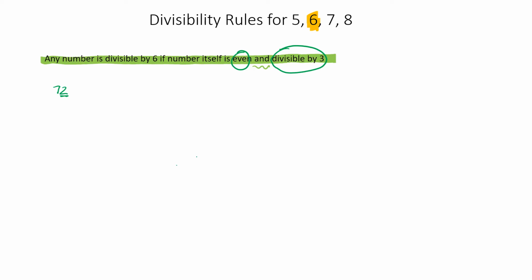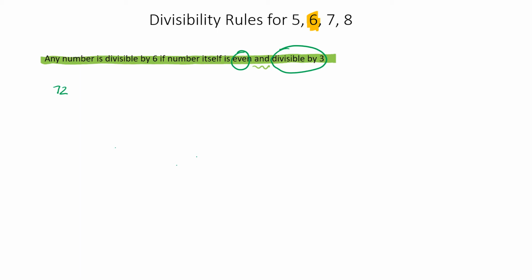Another way to check, if you're not really sure what even is, you can always use the divisibility rule of 2 and divide it by 2 to see whether it divides by 2, because any number that's divisible by 2 will be even.